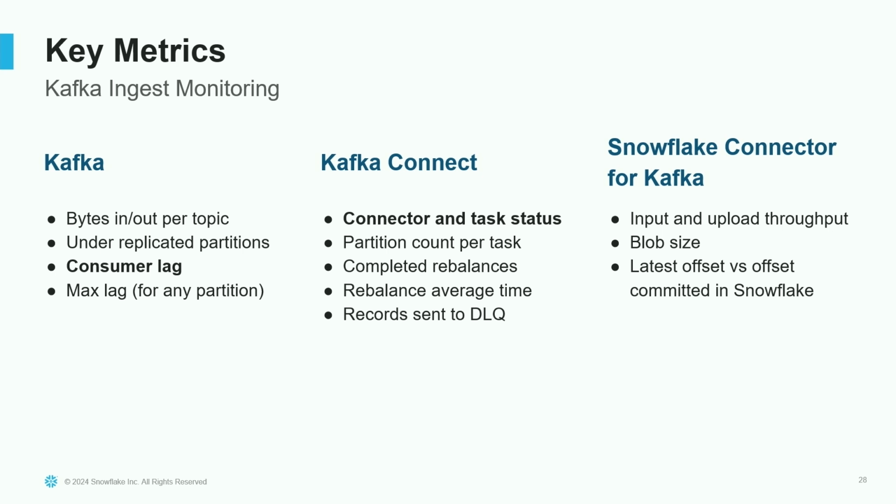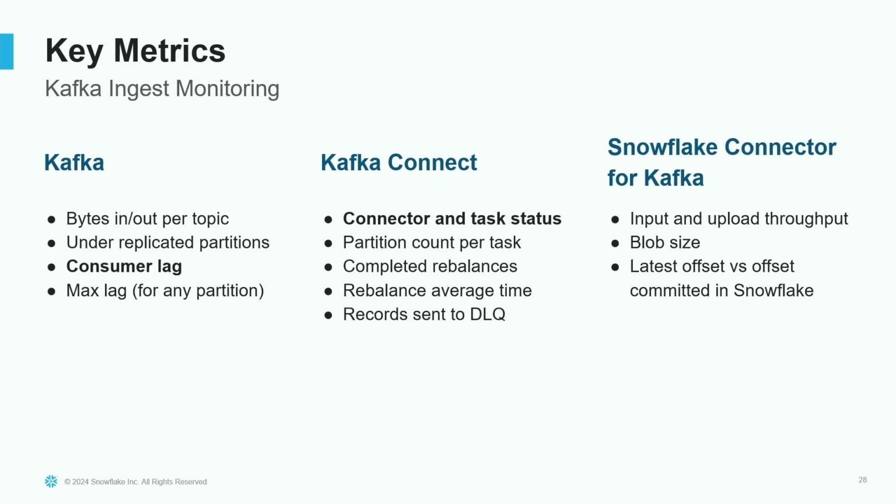On the Kafka Connect side, really just look at the health of the connector and the tasks, making sure that they're all running. And if you really want to get more detailed, with the Snowpipe Streaming Java SDK, you can turn on additional JMX reporting, and you can get metrics from the actual upload of data to Snowflake.